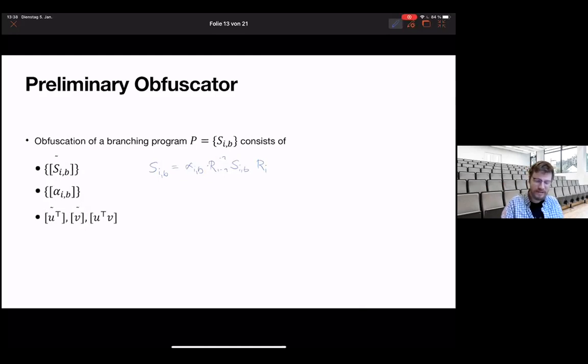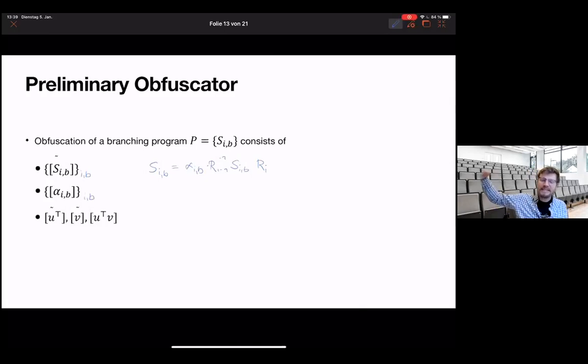And now I'm giving you three things. I'm giving you this U tilde encoded in the multilinear group, V tilde, and the inner product of U and V. So that's what my obfuscated program consists of. Now I'm of course going through all iB here, and here I'm also going through all iB. That's how my obfuscated branching program looks.